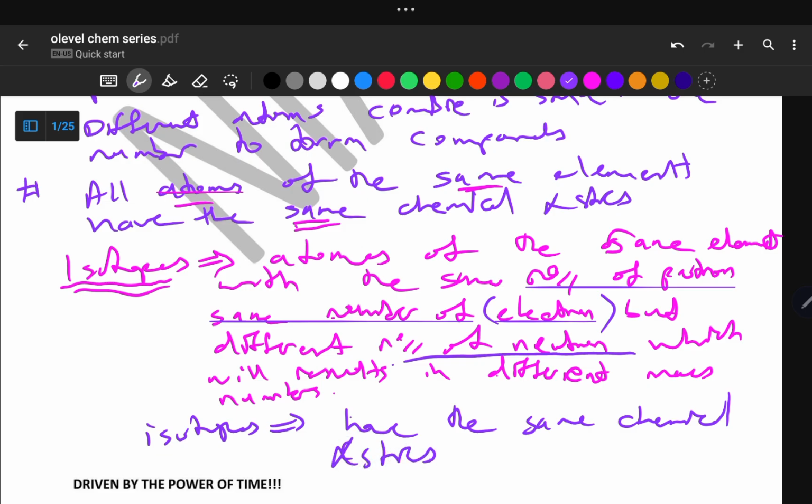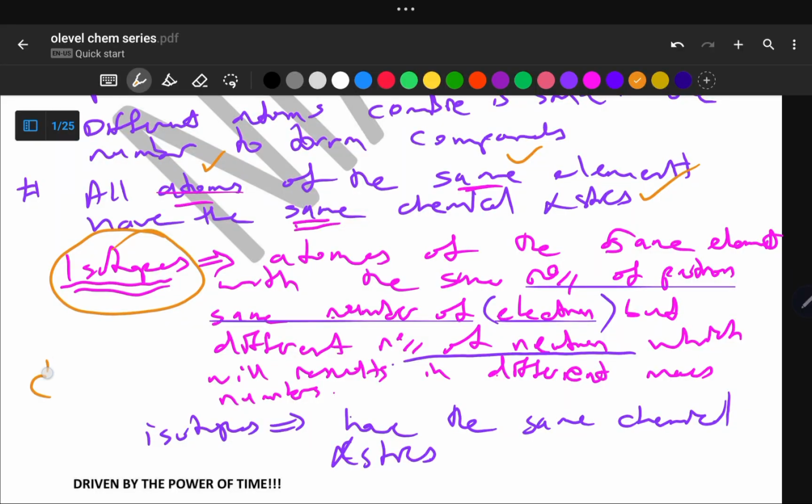So from John Dalton's postulation, atoms of the same element have the same chemical characteristics, and then we introduced the term isotopes, right? At times they want to trick you by saying we have carbon 12 and then carbon 14, comment on their chemical nature. These are isotopes.